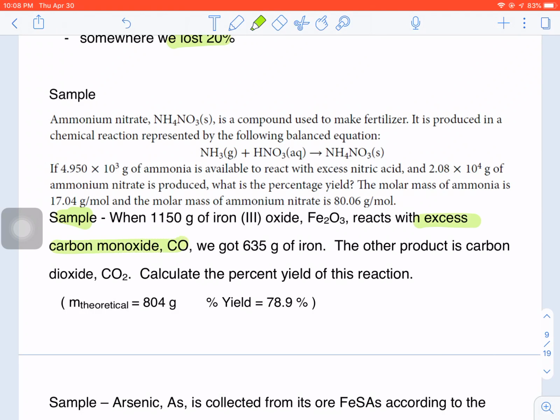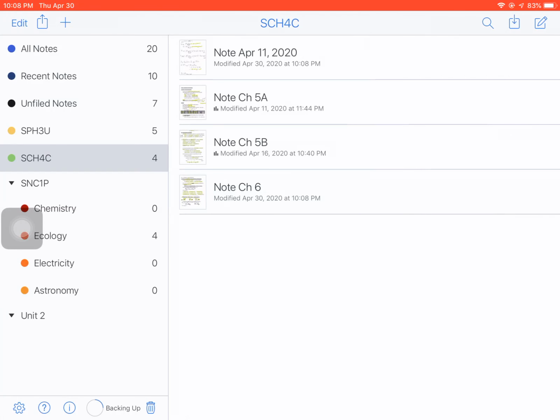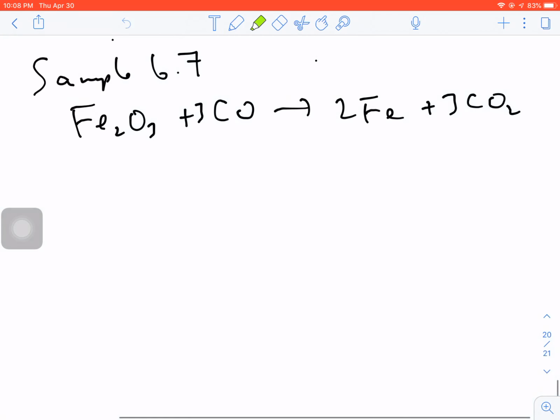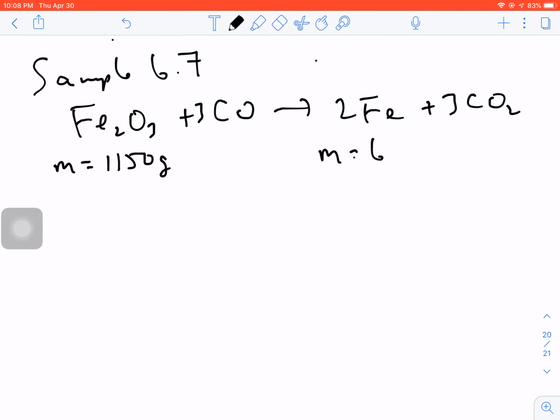So let's go back to my question for a minute. My mass of iron oxide was 1150 grams, and it says the mass of iron was 635 grams.